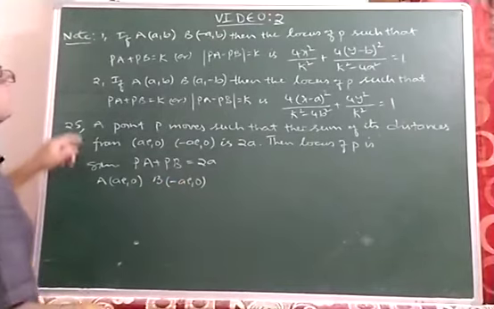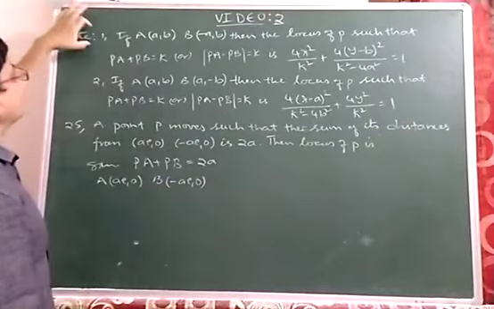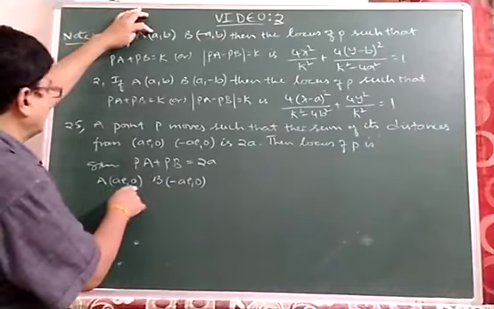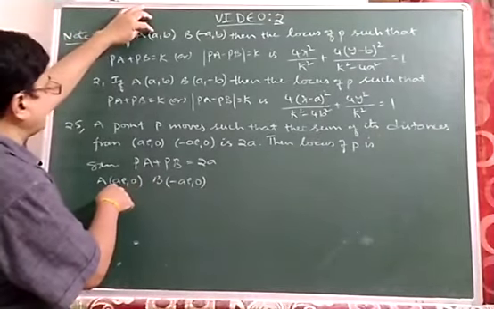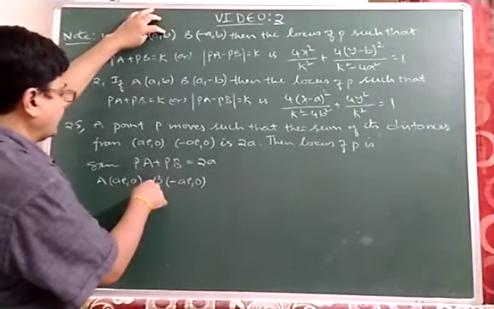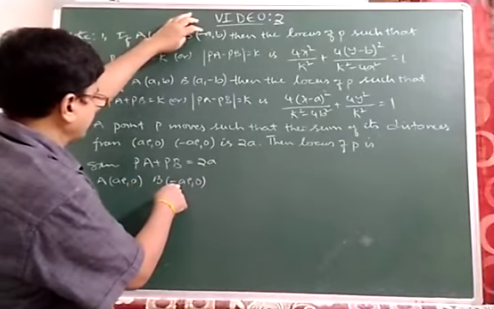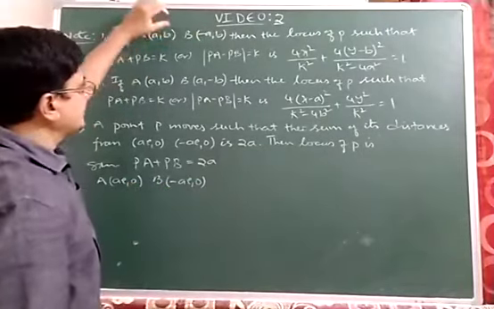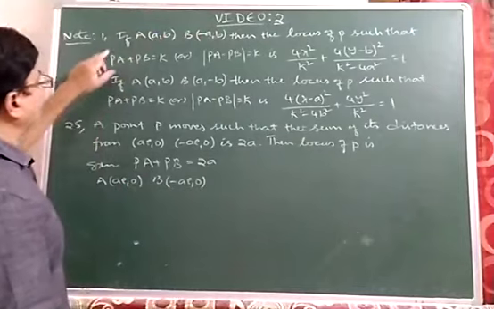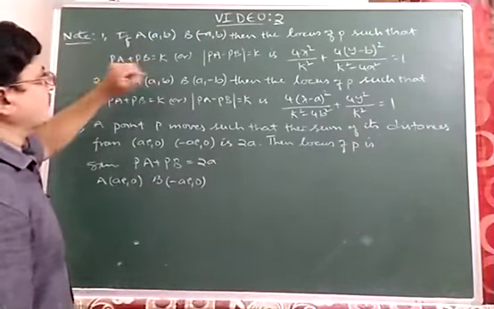So this matches note number 1, where small a is ae, small b is 0, and capital B is (−ae, 0). So we apply note number 1.